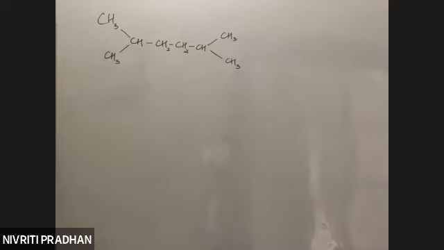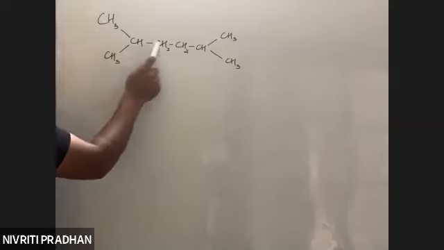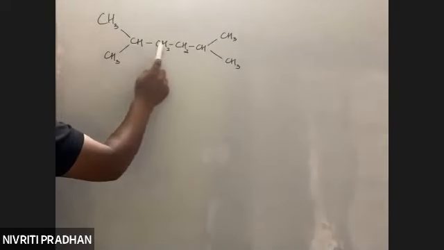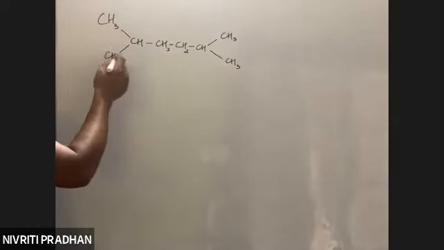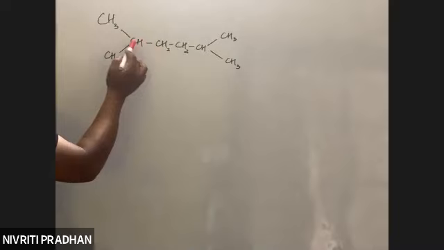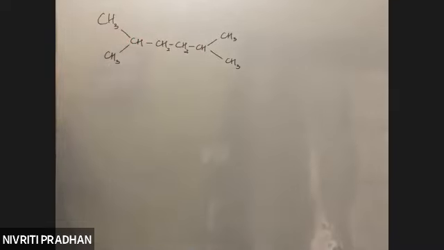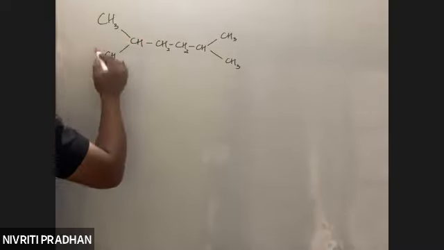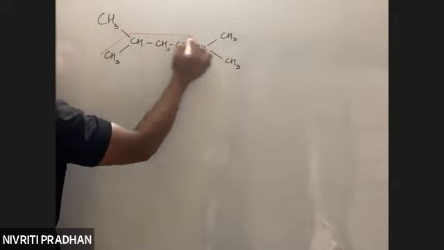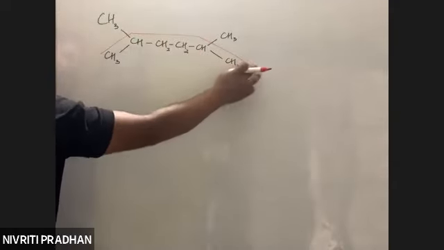So how many carbon atoms are there in the longest continuous chain? Six. It can go in this way, 1, 2, 3, 4, 5, 6, or the other way, whatever. Anyway, where will the substituent come? At number 2 and here. Okay, so I can select the longest continuous chain of carbon atoms as this. No problem.